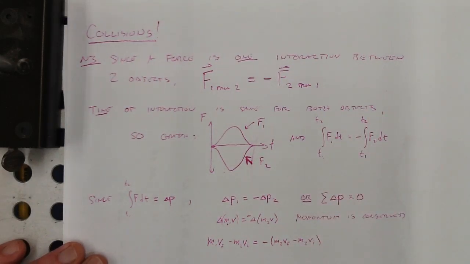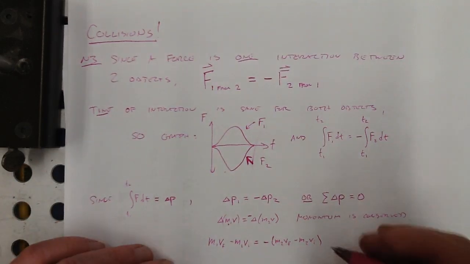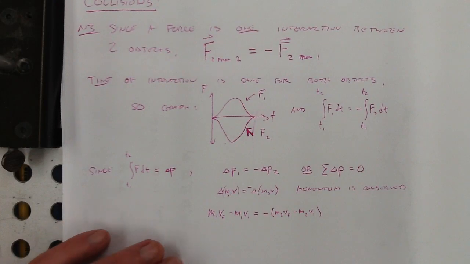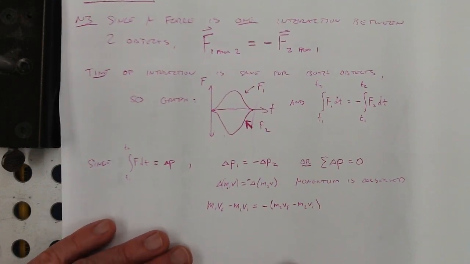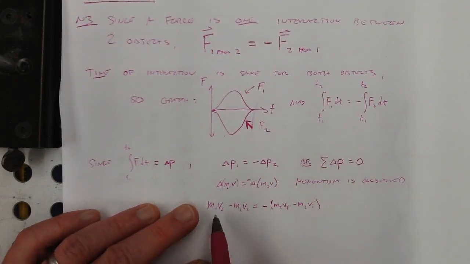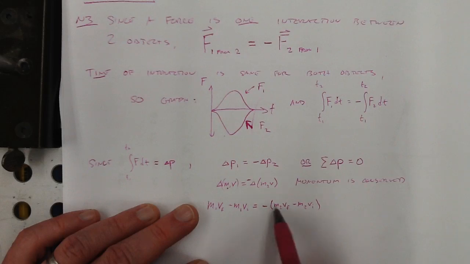And if we kind of shuffle things around a little bit, algebra-wise, and we decide that we don't like negative signs, if we can avoid them, then we could have here, this is plus over here.